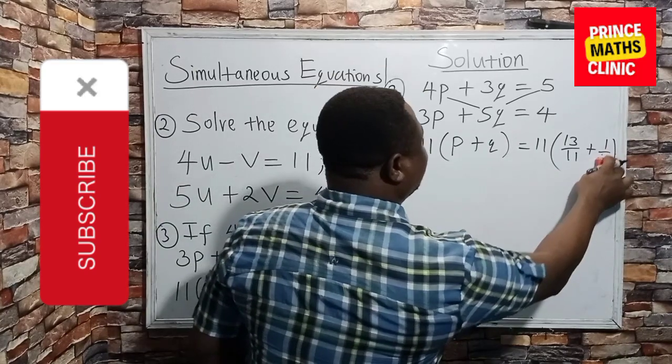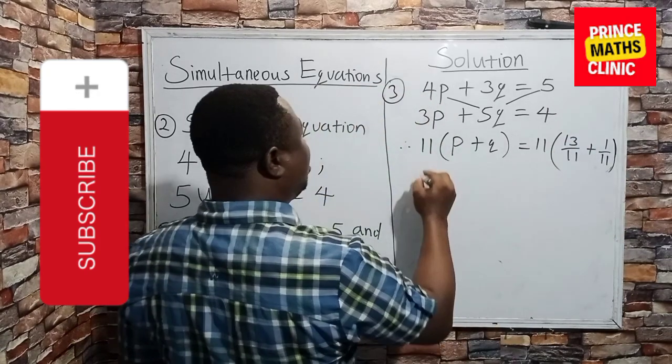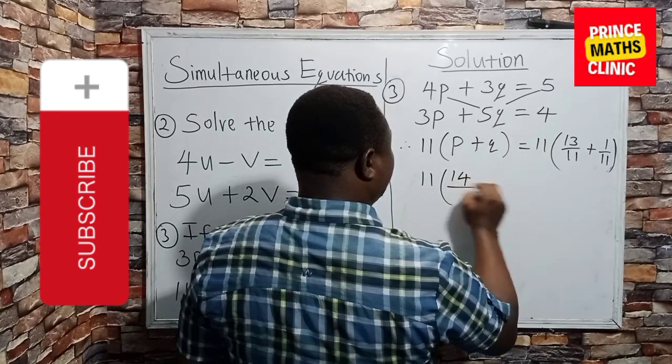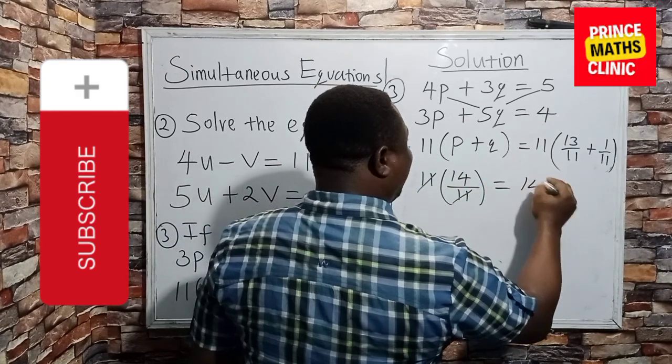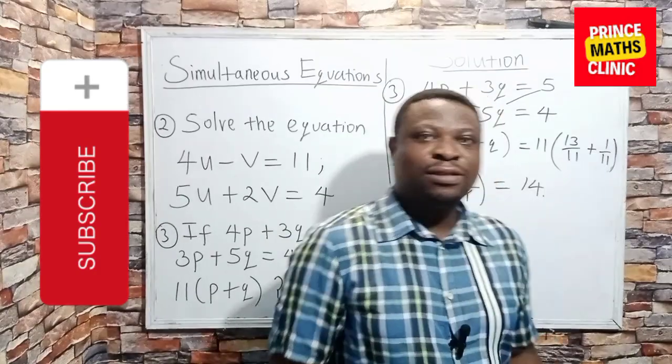Since the denominators are the same, just go ahead and add the numerator. It becomes 13 plus 1 is 14. Everything over 11. 11 cancels 11, and you have 14 as our answer.